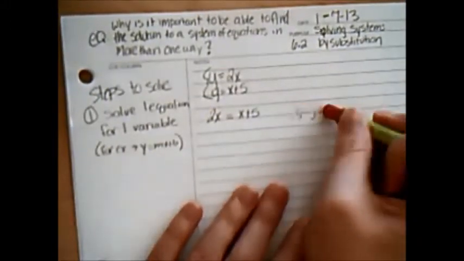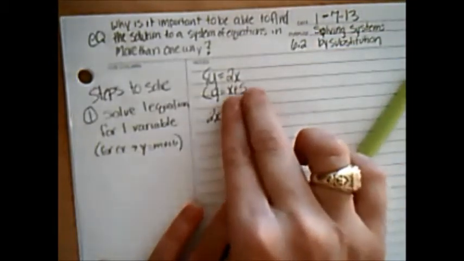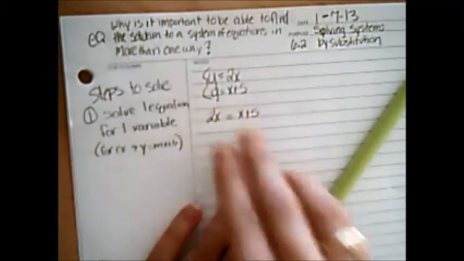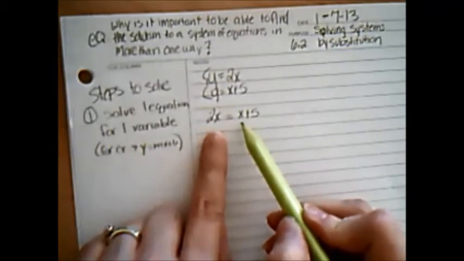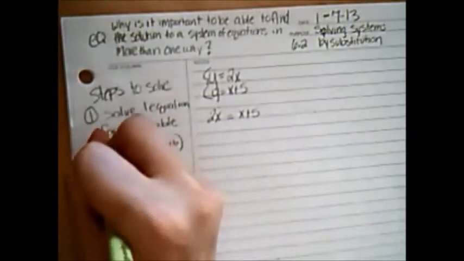So in substitution, we're taking the solution out of one equation and substituting in for y in the other equation. By doing that, I've eliminated one of the variables, so now I only have one variable. So that's step 2.